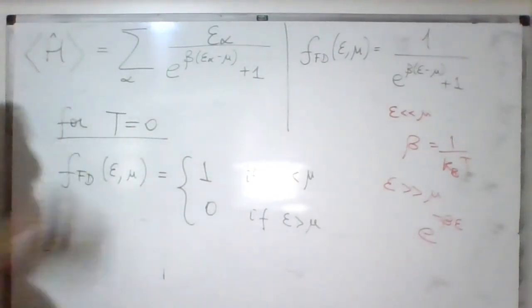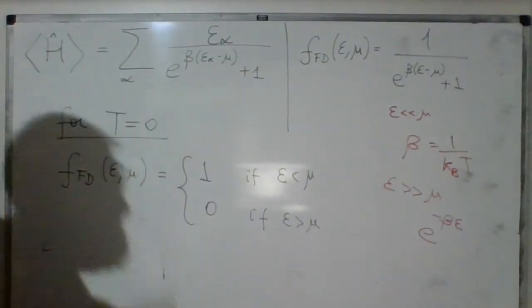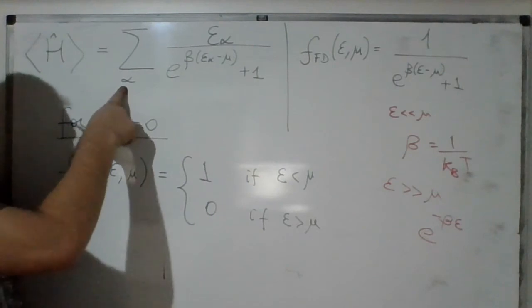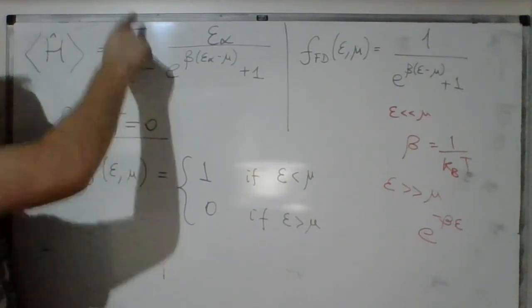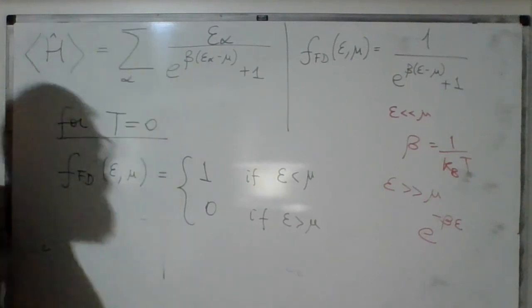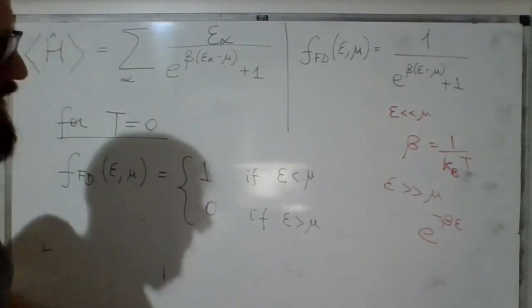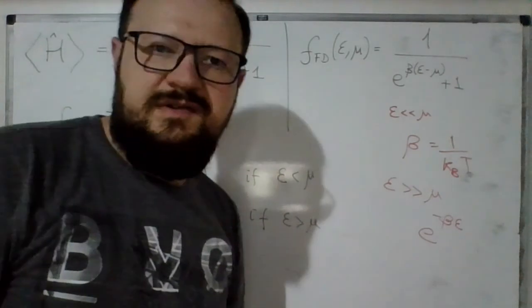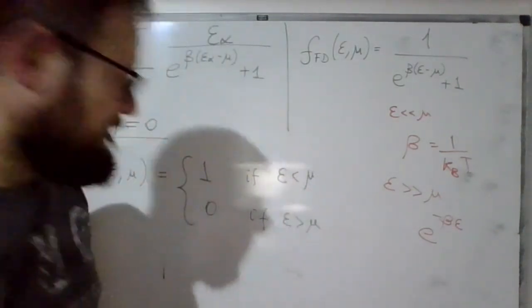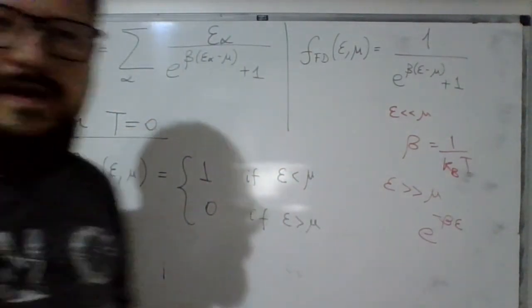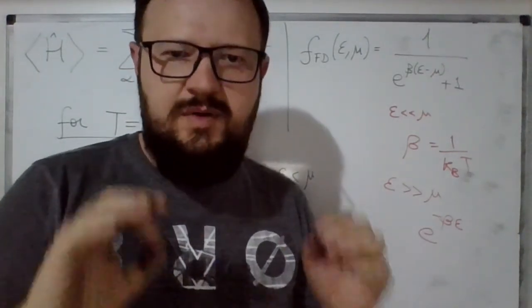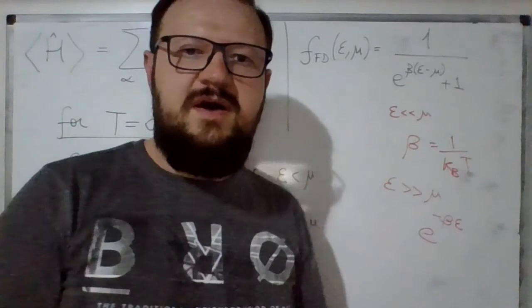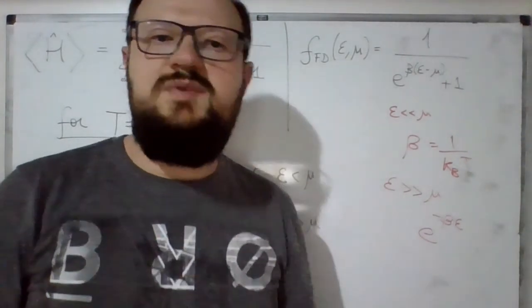Okay, and the total energy of the system, if the spectrum is discrete, you sum over alpha. If you have a continuous spectrum, you need to integrate here over alpha. So in next lectures, we will discuss a little bit more about that. I am finishing here. So what we have found: the Bose-Einstein distribution, we have found the Fermi-Dirac distribution.